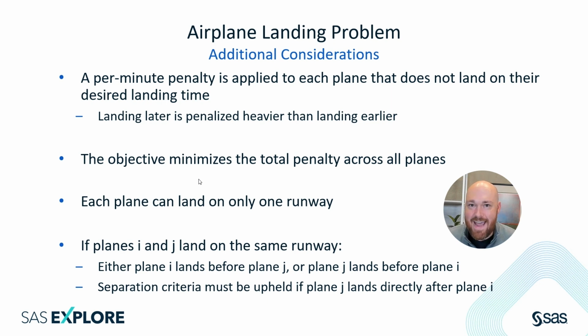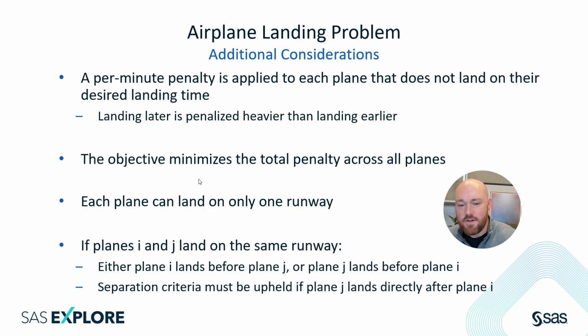But when that's not the case, a per minute penalty is applied to each plane if they land before or after their target landing time. Now, let me ask you, would you rather land a minute early or a minute late? I think universally we would all say, well, if we're going to miss, let's land earlier rather than later, right? And this model accommodates that. So landing later is penalized heavier than landing earlier.